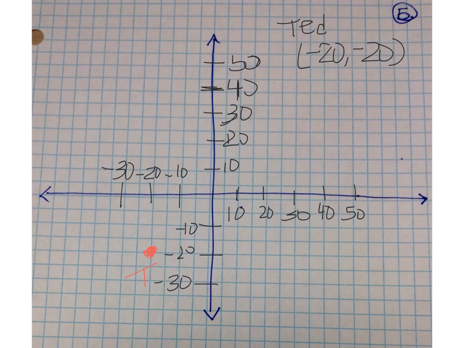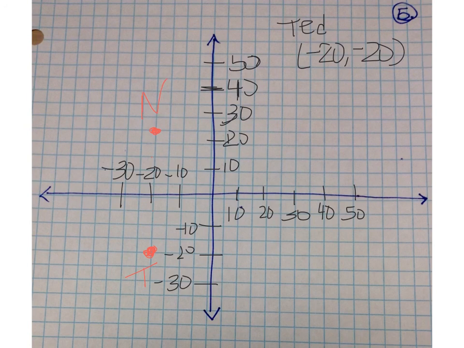His brother lives 45 miles north of Ted's house. So we're going to count 45 miles north. Remember, each of these is 5. So we'll go 5, 10, 15, 20, 25, 30, 35, 40, 45. Okay, and that's Ned's house.